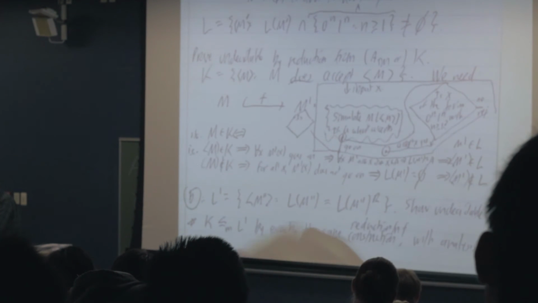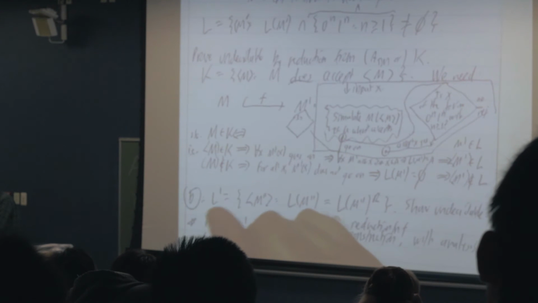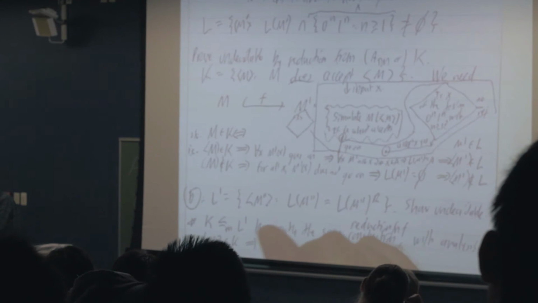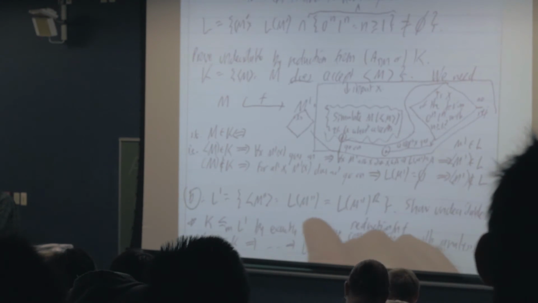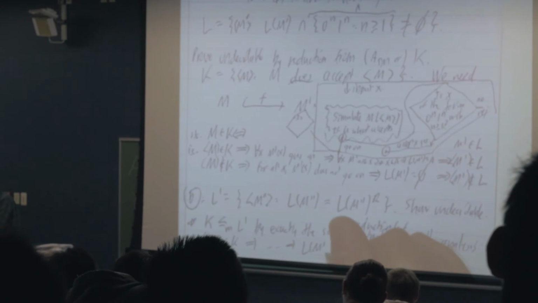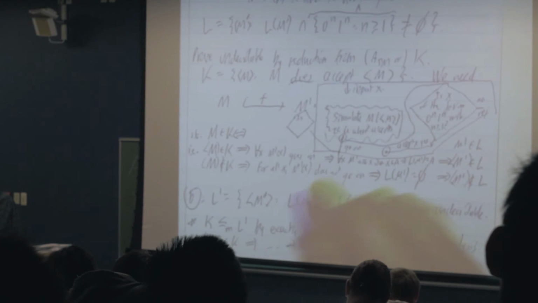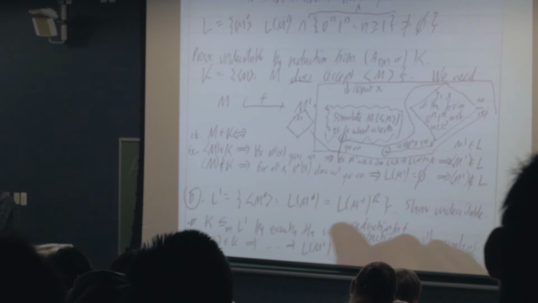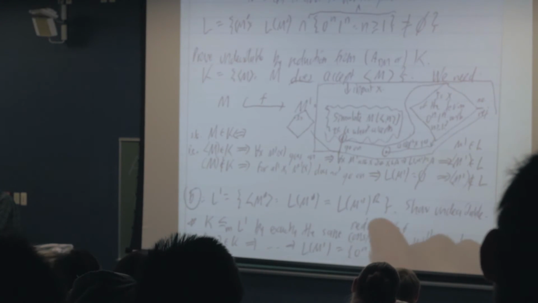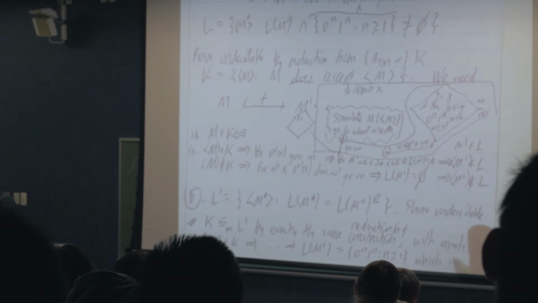So now code of n and k implies, dot dot dot, implies that L of M prime equals the set 0 to the n, 1 to the n, which is not equal to its reversal.